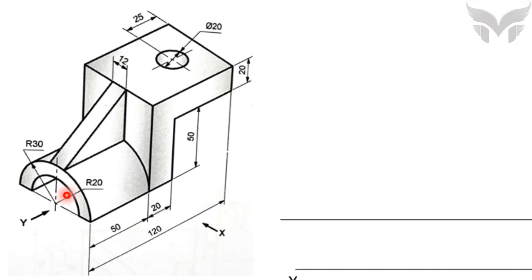And imagine how it would appear to you from direction X. So it would appear as a rectangle highlighted in red color, isn't it? And what would be the size of that rectangle? It's 30 by 50 because the outer radius of the cylinder is 30 and the length is 50.